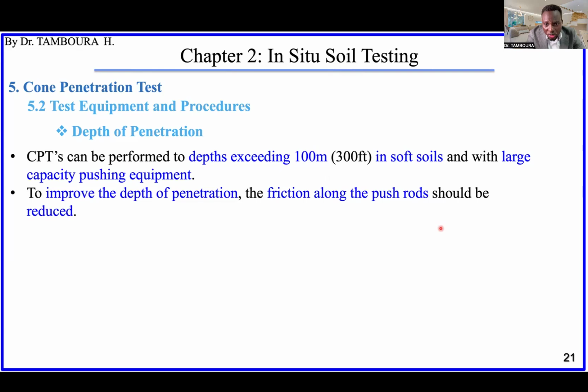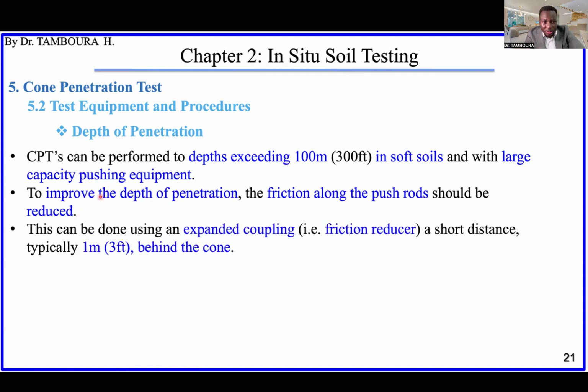The friction along these rods is sometimes very high. So if we can reduce this friction, we can improve the penetration. This can also be done using an expanded coupling friction reducer.